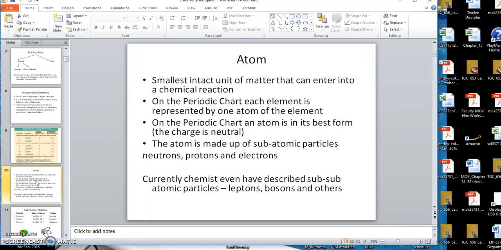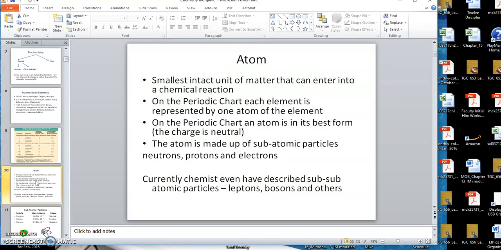Remember I mentioned that each element is represented as one atom of that element. So what an atom is, we'll define as the smallest intact chemical unit. Now notice my word intact. It's not saying that we don't have anything smaller. We do, called subatomic particles. But as an intact entity, it's the smallest. So an atom is the smallest intact entity.